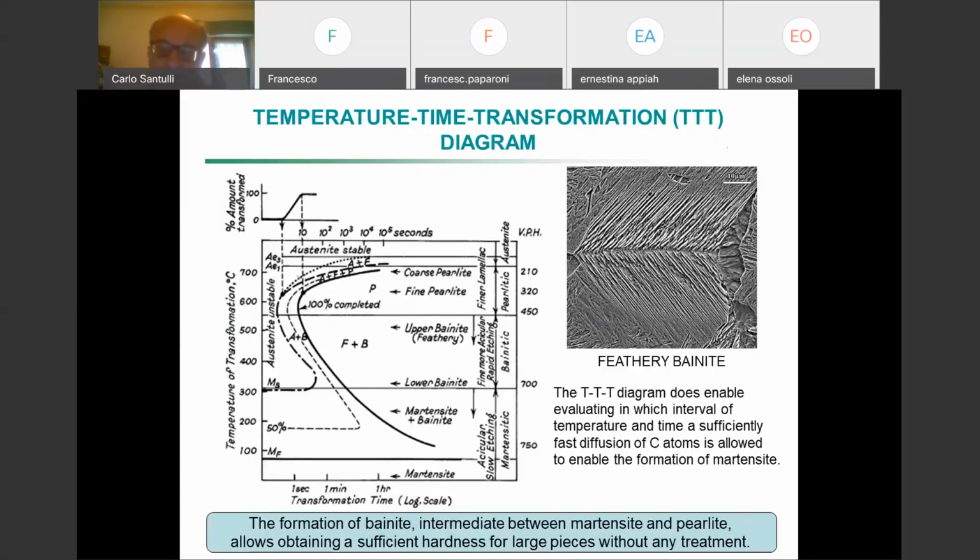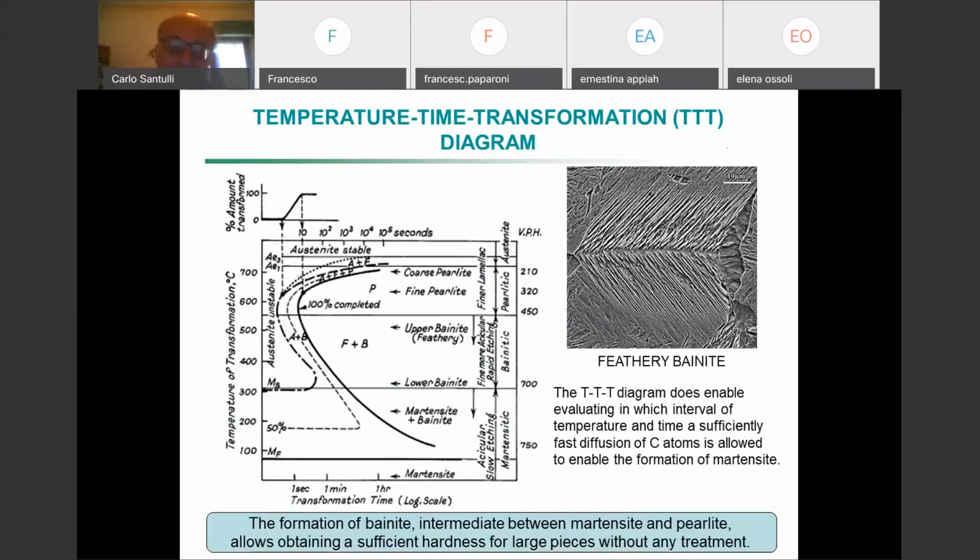the diffusion of carbon atoms, as an effect of heat treatment, the thermal modification, occurs at a fast rate. So it's an effect of transformations.